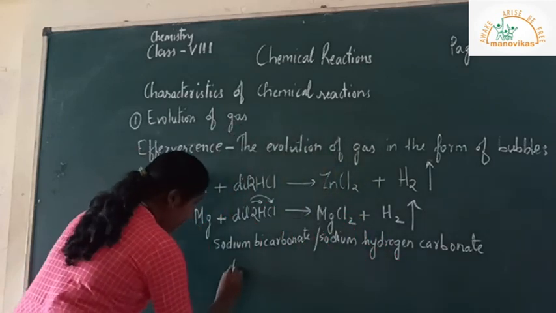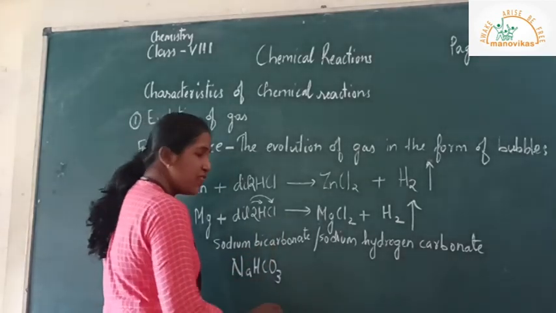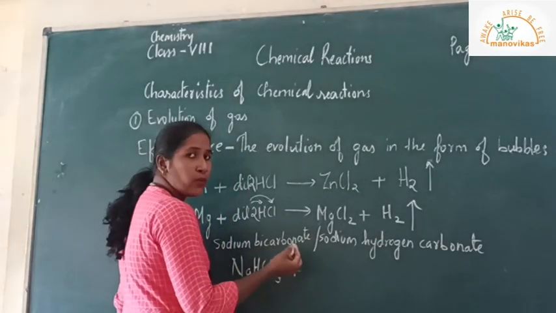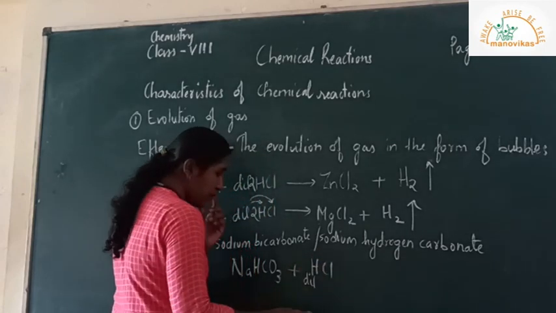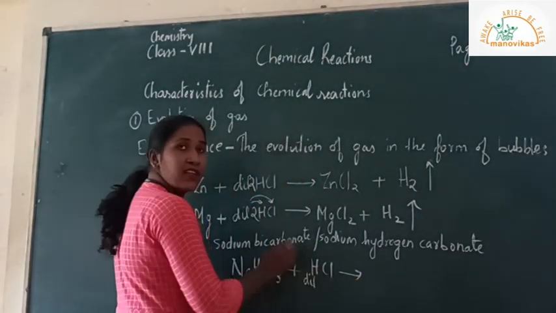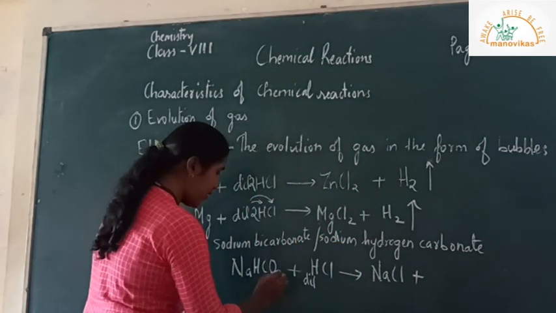So suppose we take sodium bicarbonate and it is made to react with the acid, for example dilute HCl, what we will get is the salt, that is NaCl, plus.